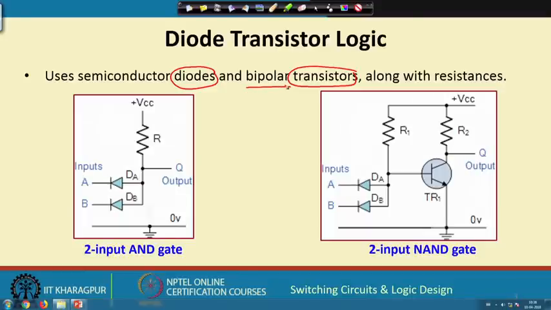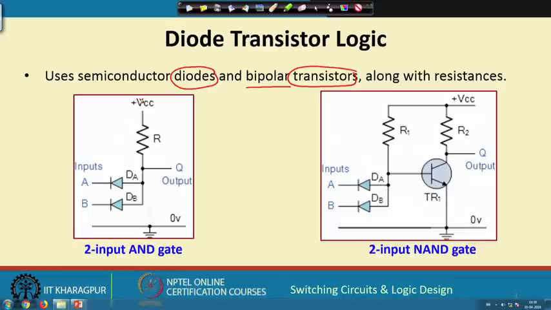I am showing you some simple examples. Let us consider this case where we want to build a 2 input AND gate. The way this circuit was designed was like this. There were 2 diodes connected like this, and on the output side there was a resistance connected to a positive supply voltage.